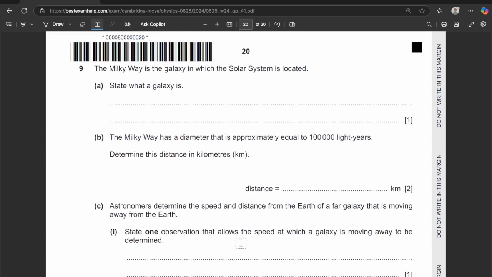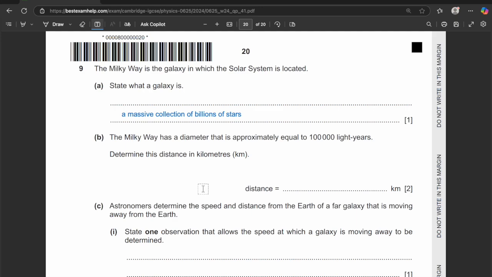Number 9. The Milky Way is a galaxy in which the solar system is located. State what a galaxy is. So a galaxy is just a very large collection of stars. So we can write a massive collection of, you can even write, billions of stars. The Milky Way has a diameter that is approximately equal to 100,000 light years.